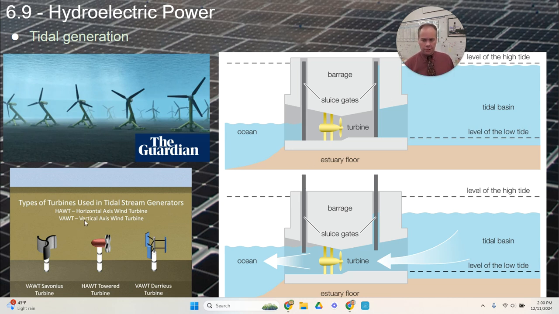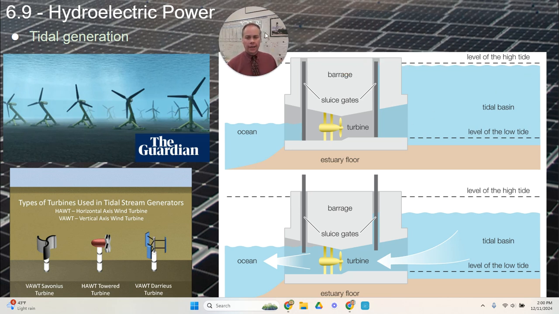There are horizontal or vertical turbines that can be used in tidal action, and we see an example here: when high tide comes, there are gates that can trap that water behind in a tidal basin, and then that water is allowed to drain back out to the ocean at low tide, and as it moves through, it moves past the turbine, which spins, generating electricity. These types of turbines can generate electricity with relatively lower impacts on ecosystems as compared to huge dam-constructed hydroelectric power.